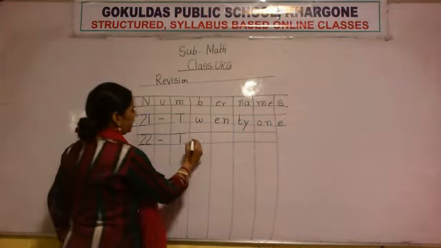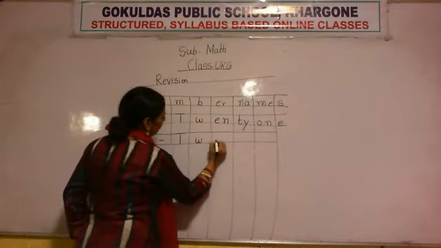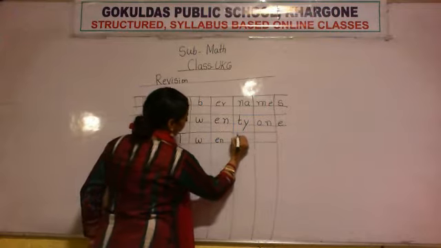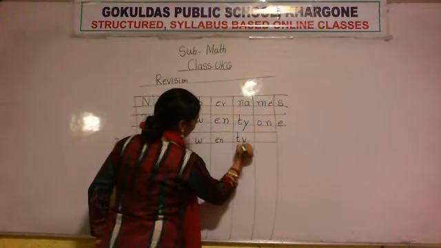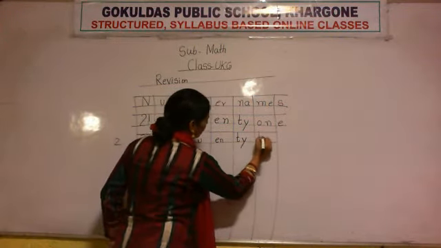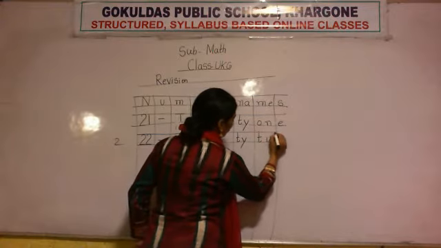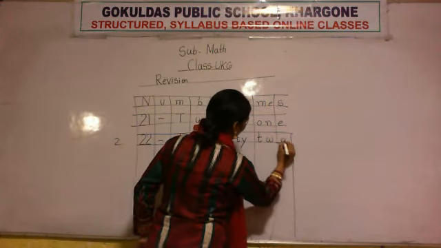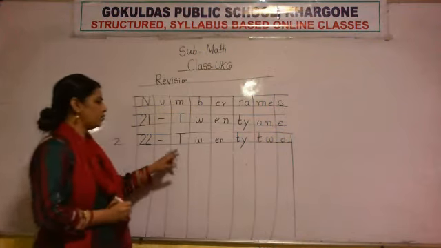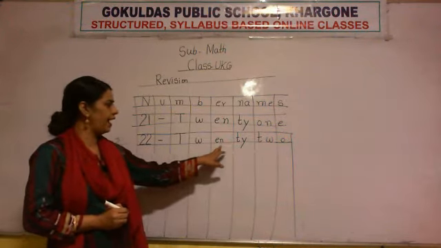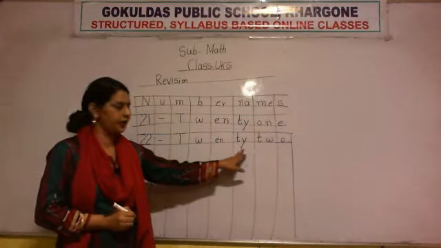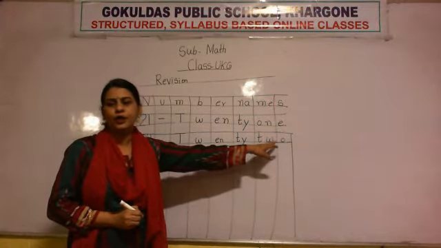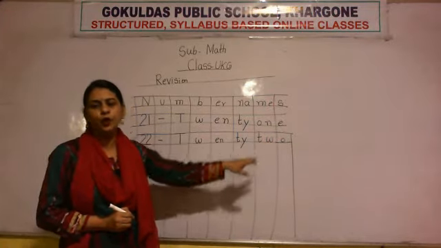So TWENTY, 20. Now the spelling of 2 is TWO. Now TWENTY 20, TWO 2, 22.